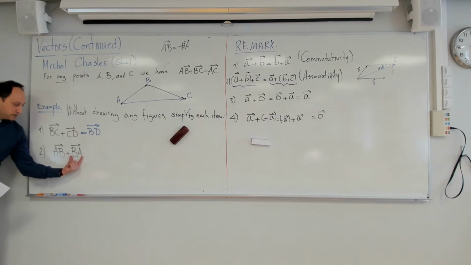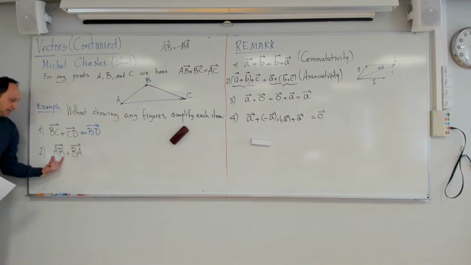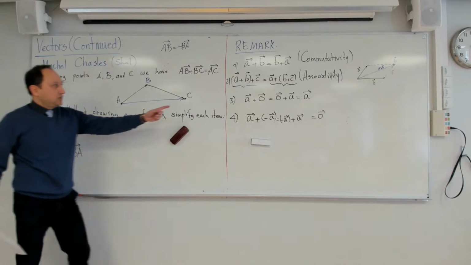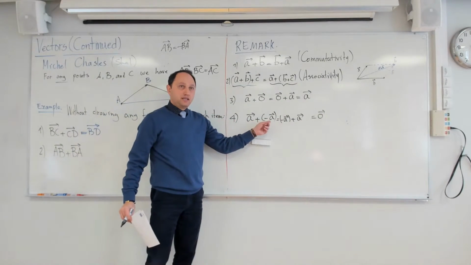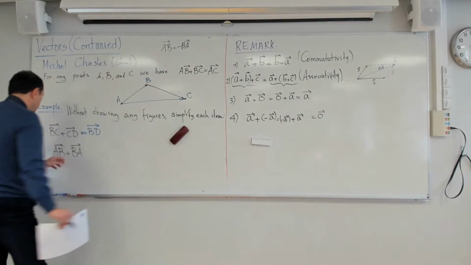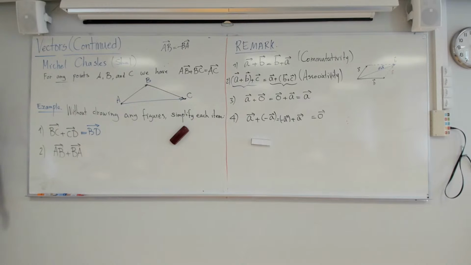If I ask you what is the relation between BA and AB, you would say that these two vectors are negative of each other. And then if I add a vector to its negative, the answer becomes 0. This is one way of doing that. Another way: can I use this Scholz rule for this one as well?